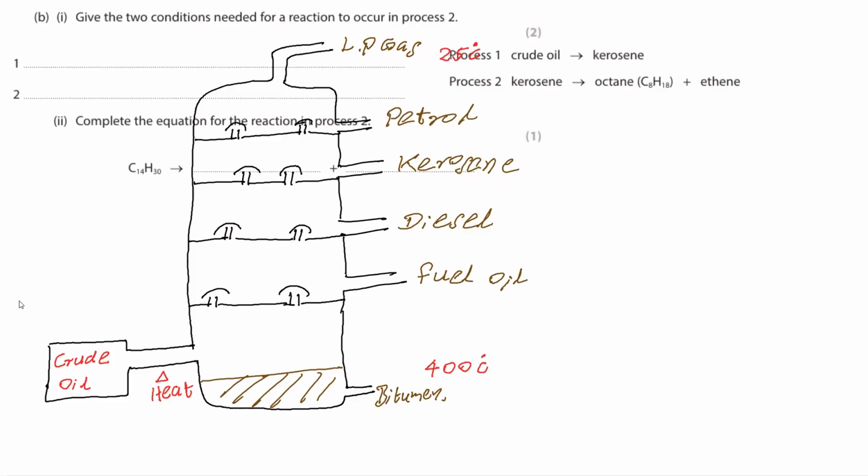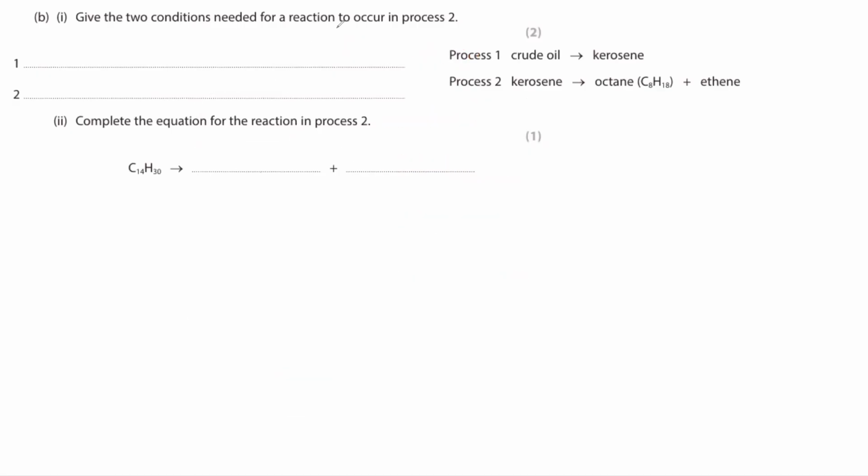Okay, so we wrote, give two conditions needed for the reaction that occurs in process 2. What is this process 2? So we have kerosene, octane and ethene. Our kerosene here, the equation is given, right? So we can see that kerosene has 14 carbons. So now we'll go back to the story that we had.